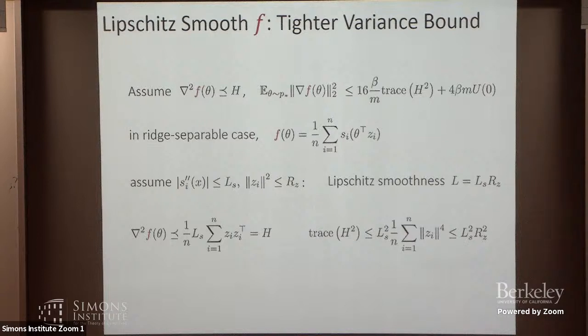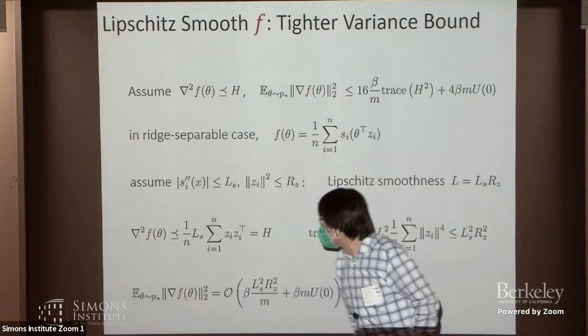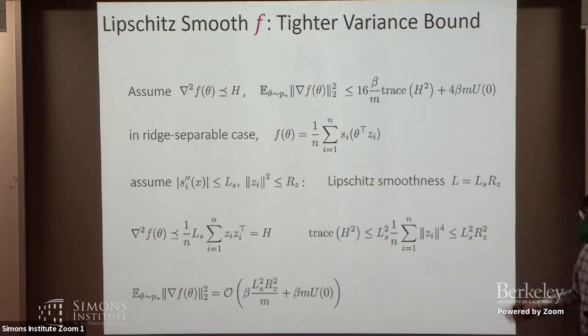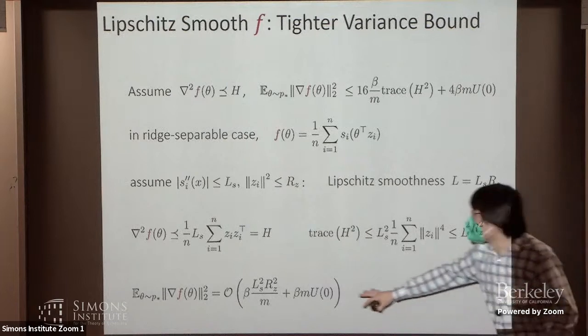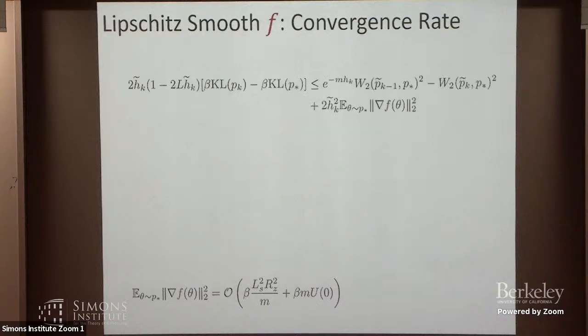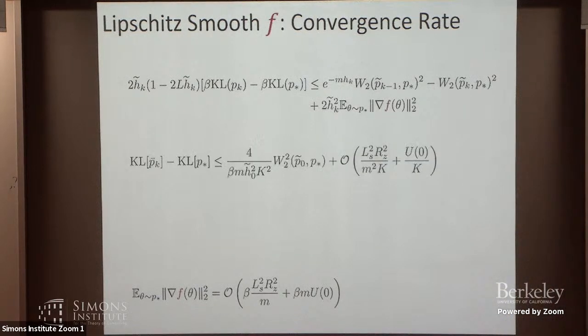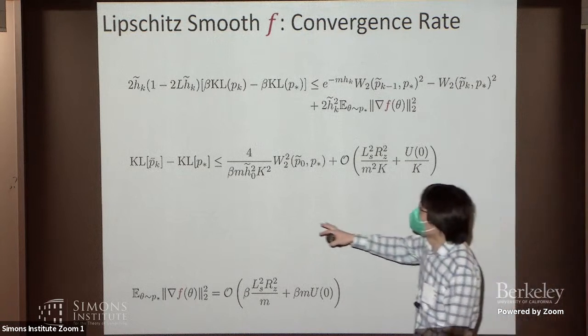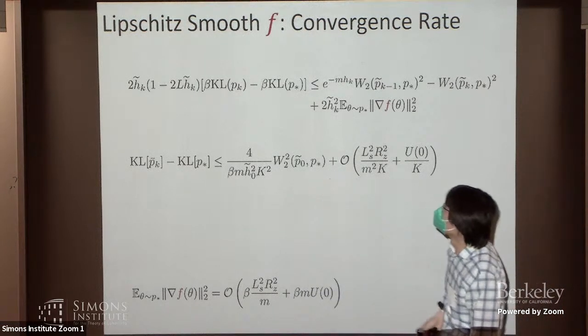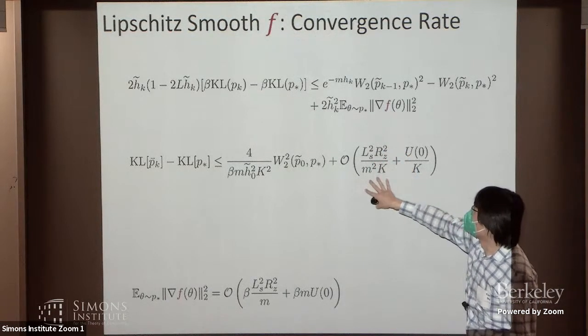Right. So under this kind of individual smoothness of the log likelihood, we can achieve that. This is stronger than previous works. Under the stronger assumption, we can obtain an upper bound on the expectation of this gradient of F with respect to the stationary measure, which does not have a dimension dependence in it. And in this case, we can plug into our previous iterative inequality, so that the KL divergence is upper bounded by L squared R squared over M squared.